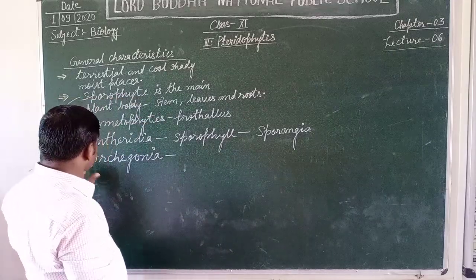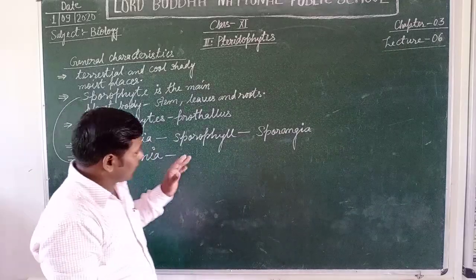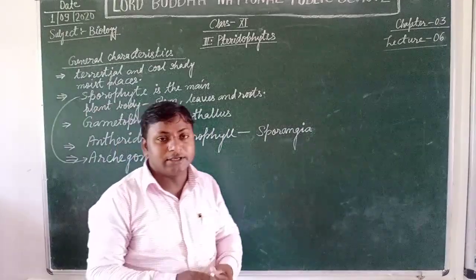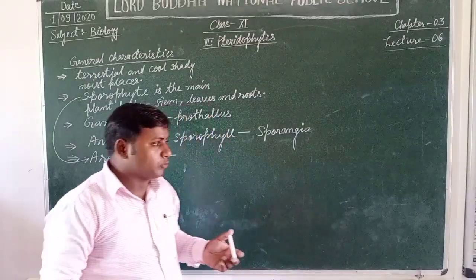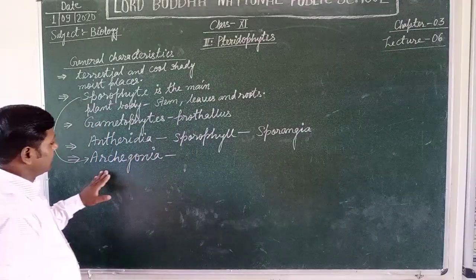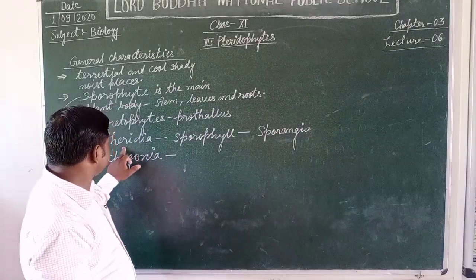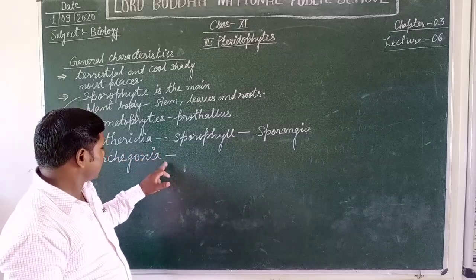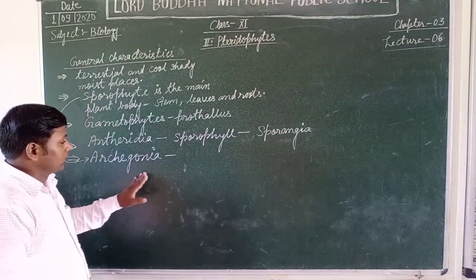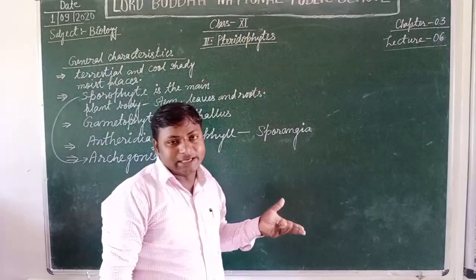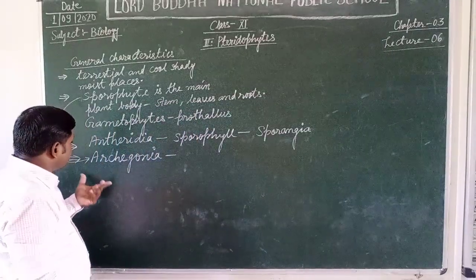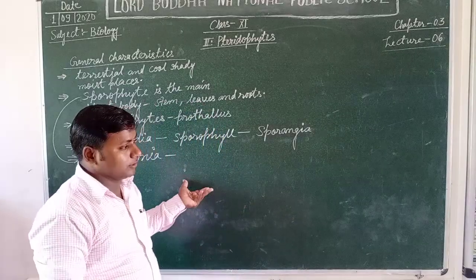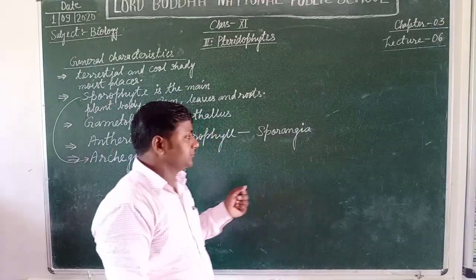Whereas in members that bear different types of spores, the antheridia and archegonia, when the antheridia are transferred to the female reproductive part and fuse with the egg inside the archegonia, the fusion of both gametes helps in the formation of a diploid sporophyte.